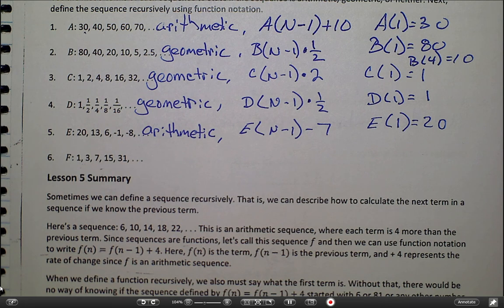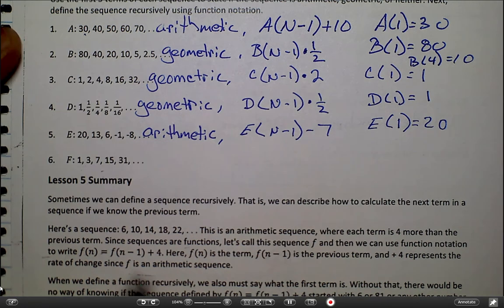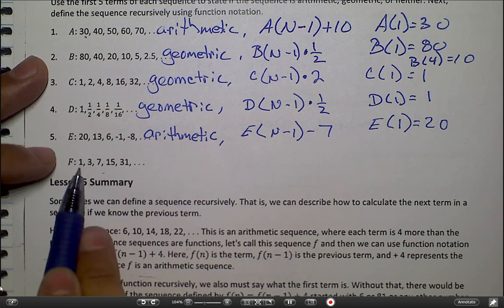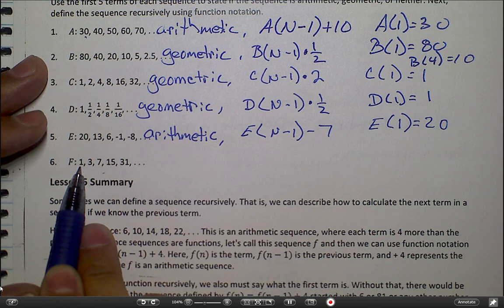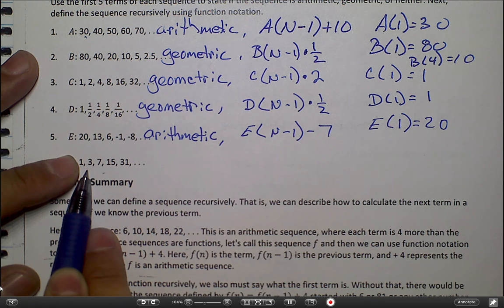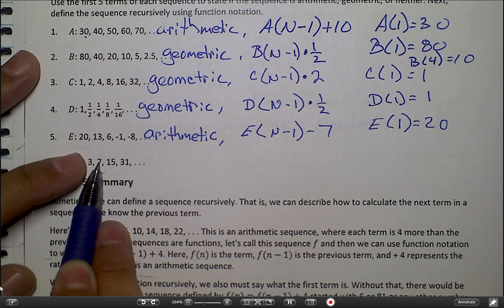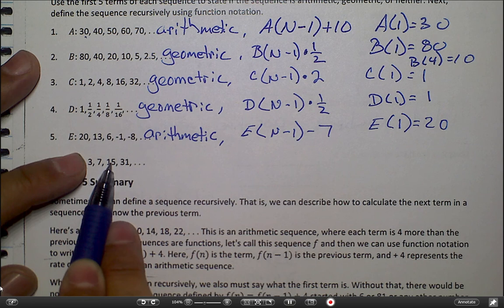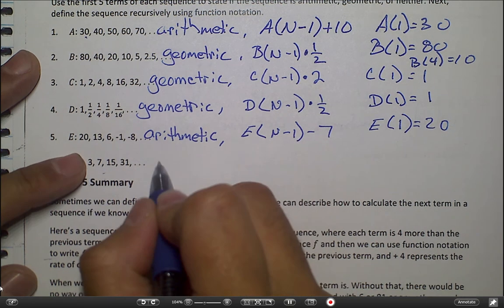I know, but I want to have a full n term. Go ahead. 2n plus 1. Very good. So look, 2 times 1 is 2, plus 1 is 3. 2 times 3 is 6, plus 1 is 7. 2 times 7 is 14, plus 1 is 15. There we go. So this one is neither.